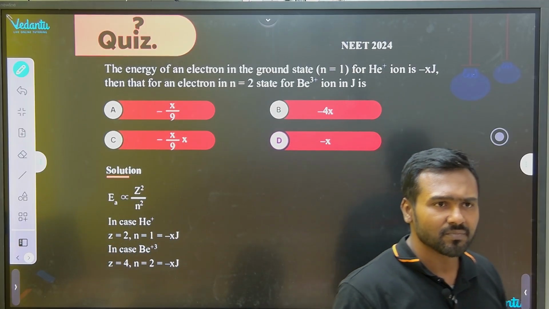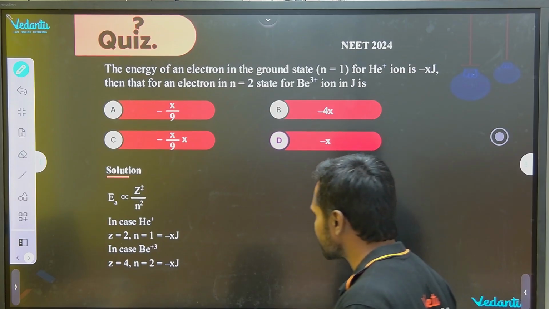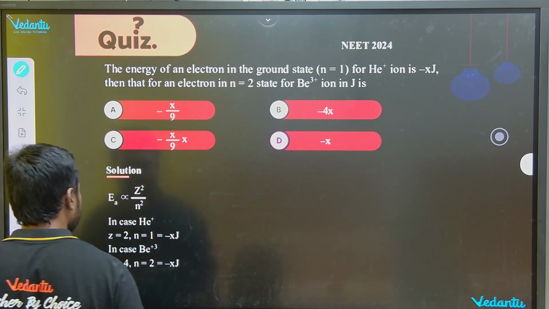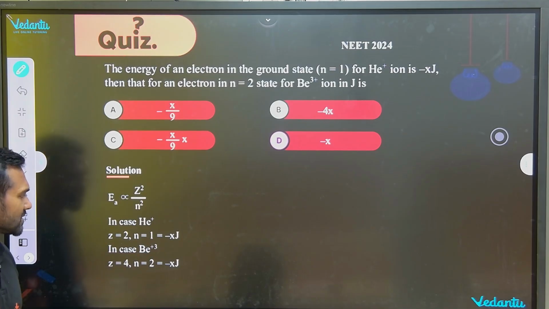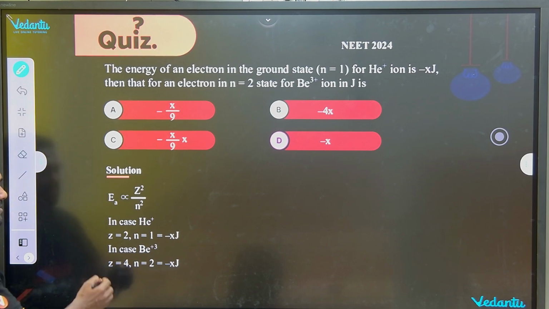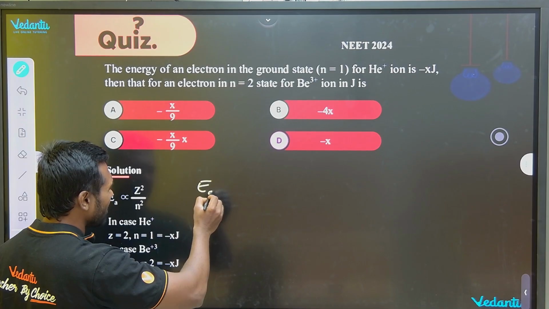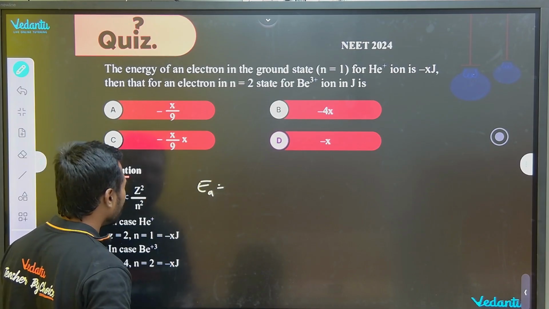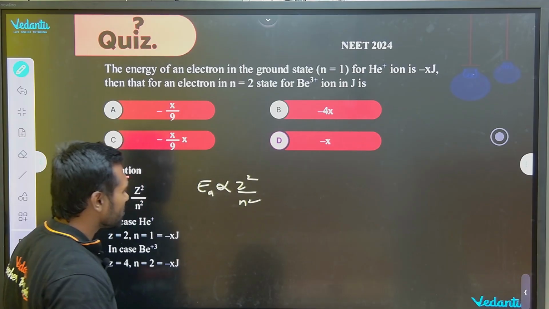Since it is a comparison, there is no need to do all those calculations, directly you can compare here. Energy of an electron is directly proportional to Z square by N square.